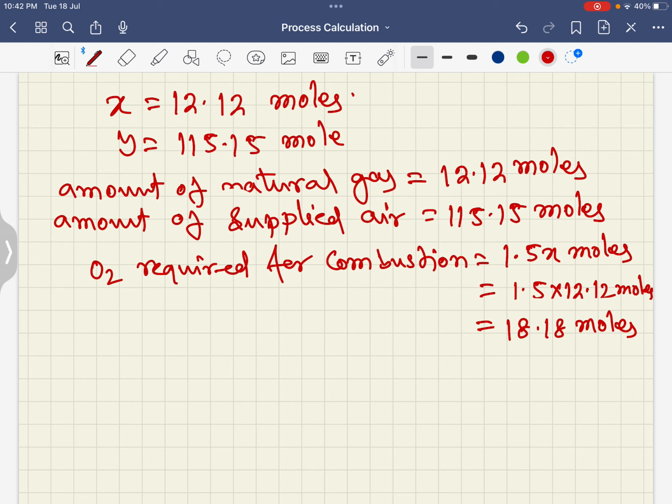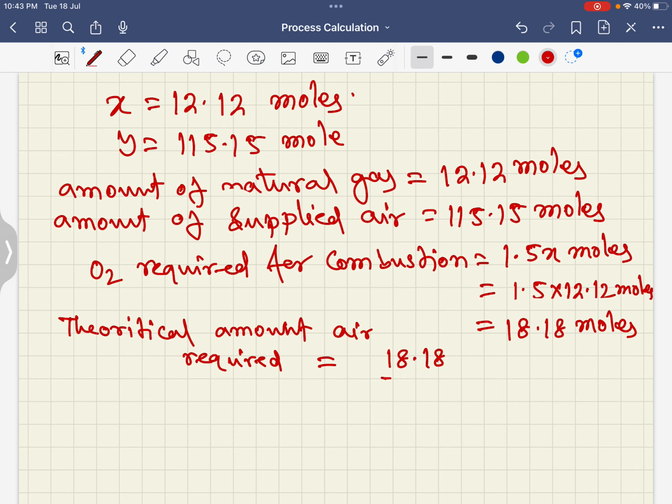Now we can calculate the theoretical amount of air required. So that is 18.18 by 0.21 moles. How?